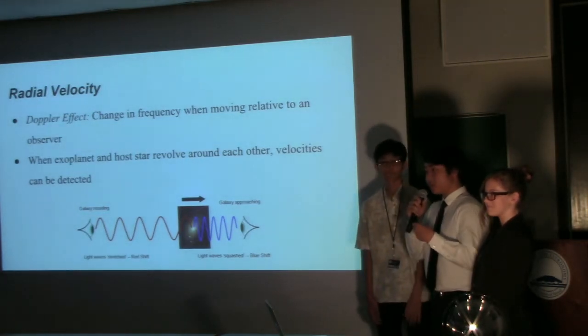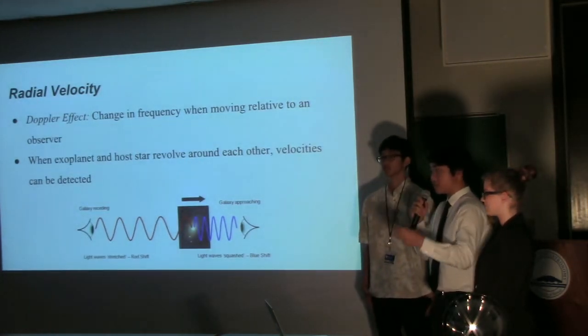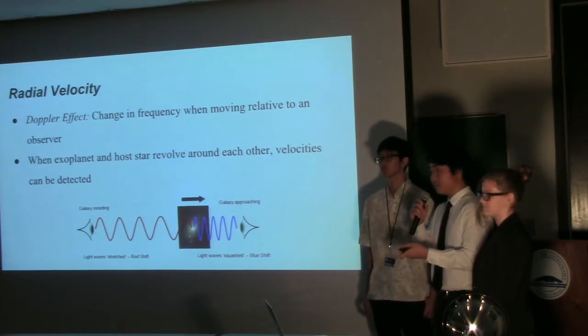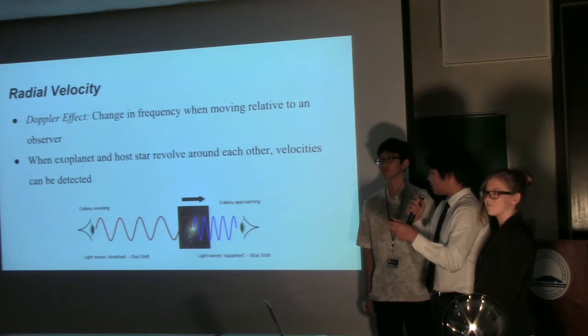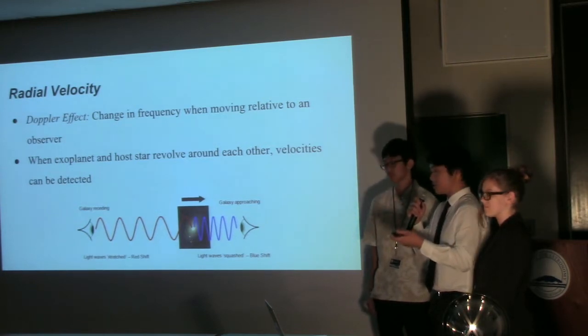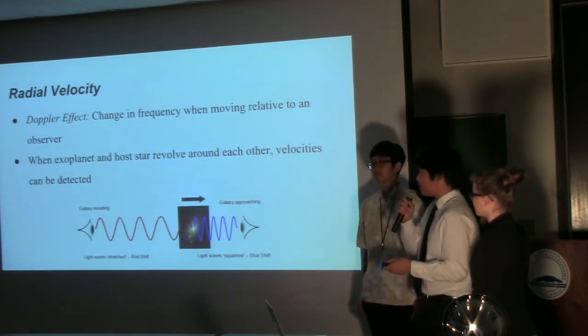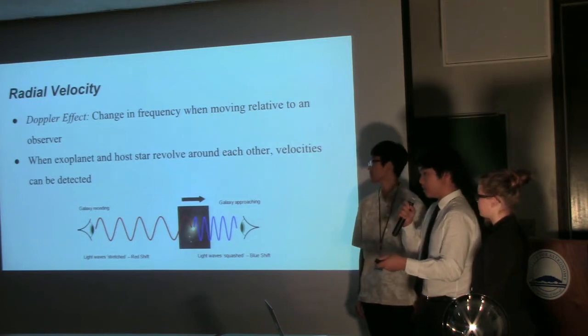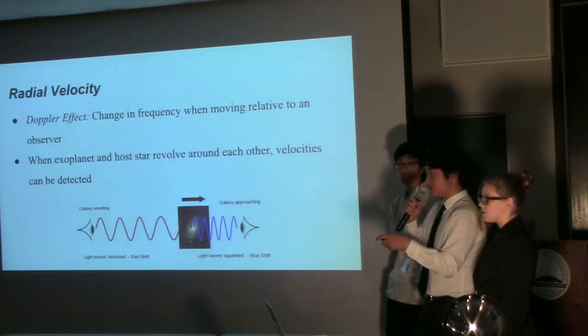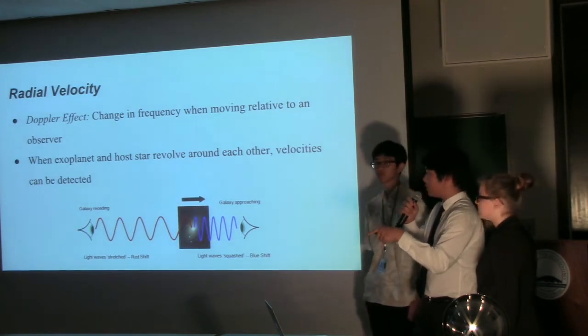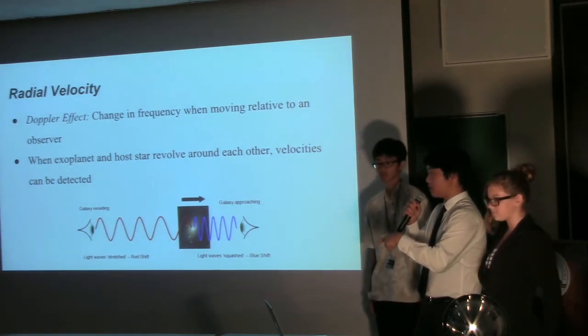If an object is moving away, its wavelength will be stretched, therefore redshifted. When an object is moving toward the observer, the wavelength is compressed, thus blueshifted. We can use the Doppler effect with radial velocity because when an exoplanet orbits a star, the star also has a little bit of wobble in response to the exoplanet's orbit.